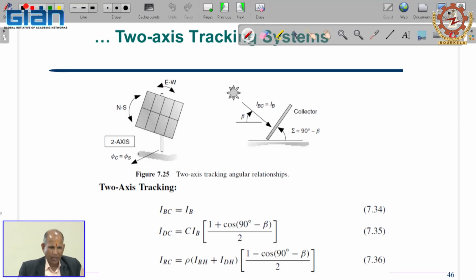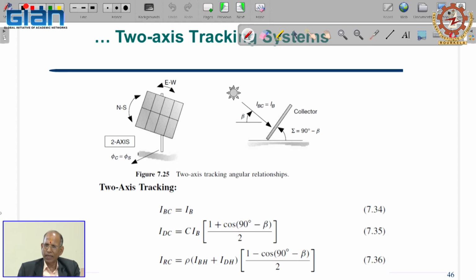Here in this new book, you can see the formula we used in the previous case without tracking: IBC was equal to IB times cos theta. So here, when we are tracking, this is the case for the two axis.